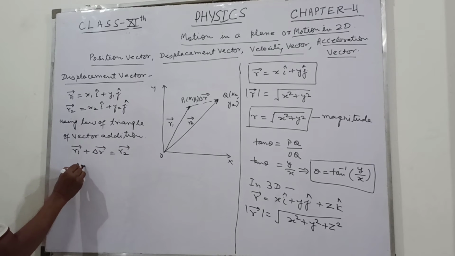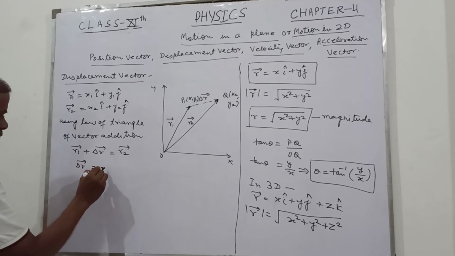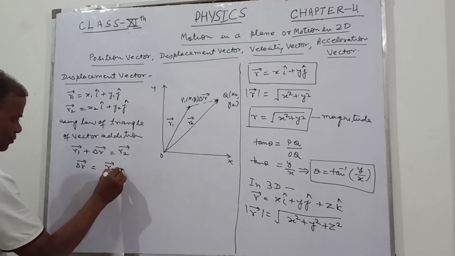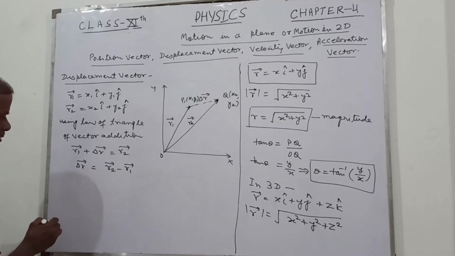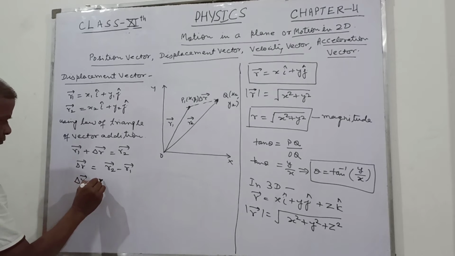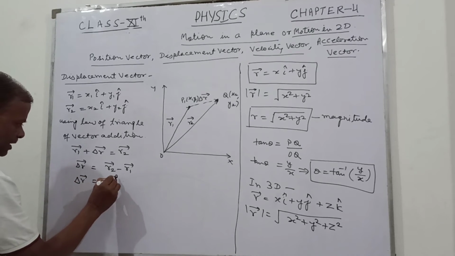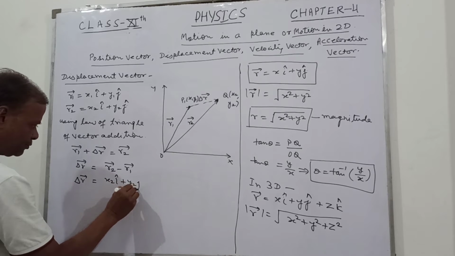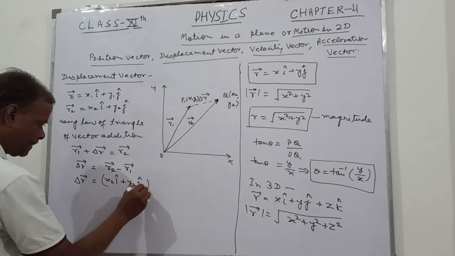So delta R is equal to R2 minus R1. So delta R is equal to x2 i plus y2 j minus (x1 i plus y1 j).